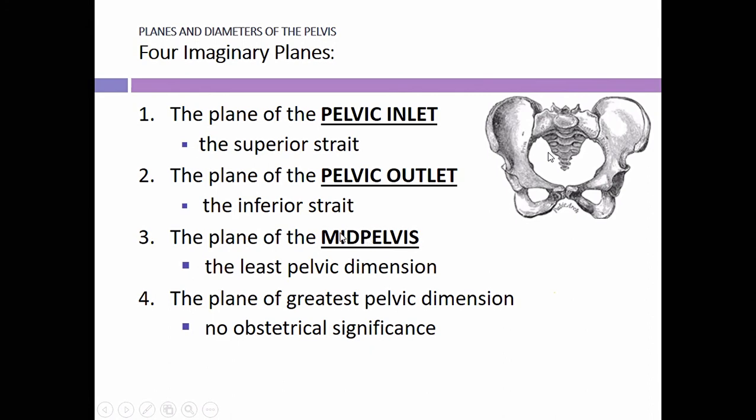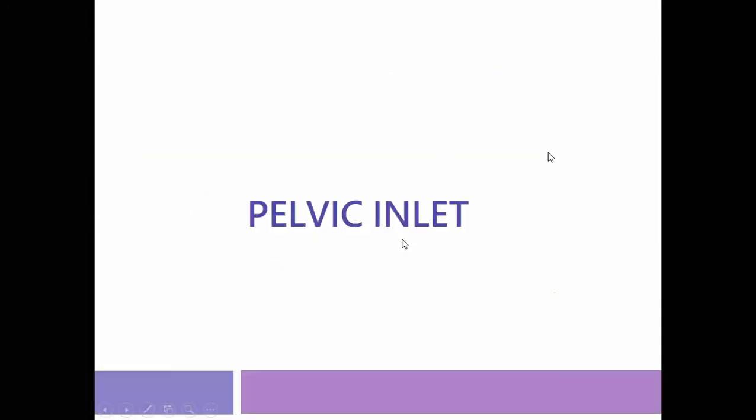So the mid pelvis is the plane of the least pelvic dimension. So among the three, the mid pelvis is also important, because it has the least dimension. Now, the plane of greatest pelvic dimension has no obstetrical significance. So you will just think about the inlet, the outlet, and the mid pelvis. This is in relation to labor and delivery later on.